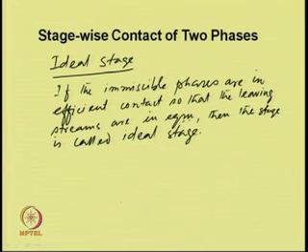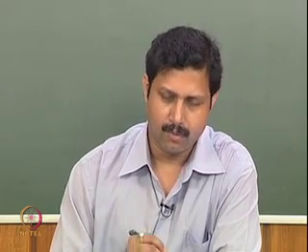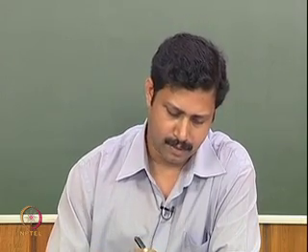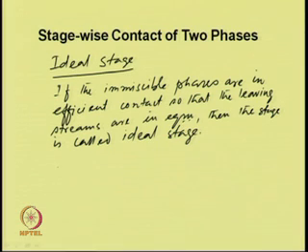If a group of stages are interconnected so that the phases flow from one stage to the other, then we call that a cascade.